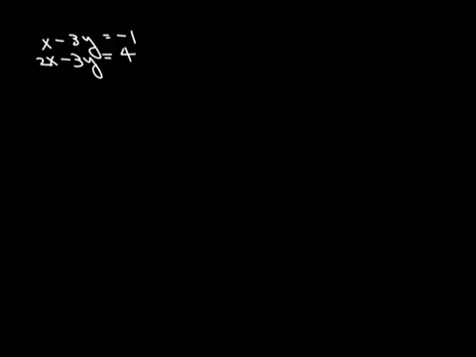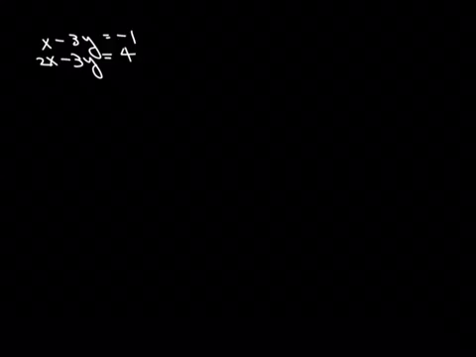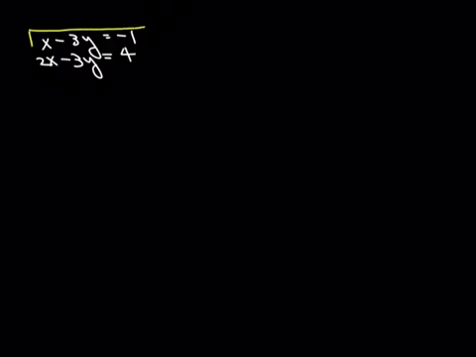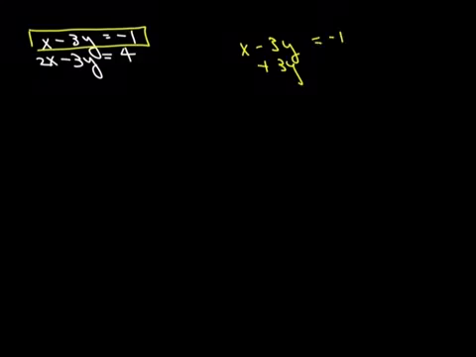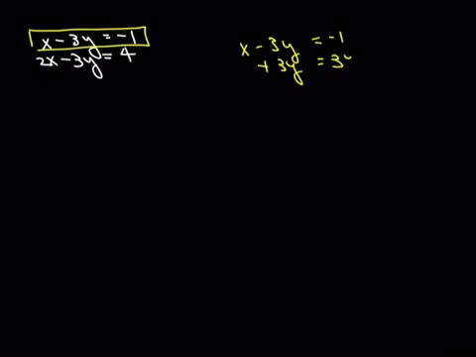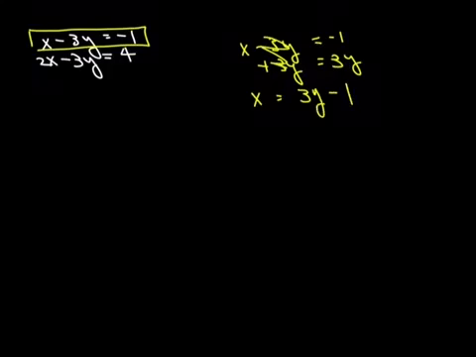And so in order to do substitution, when you don't have a variable equal to something, like here, we don't have an x equals something or a y equals something, I'm going to make that happen. So if I add 3y here, and I add 3y here, I get x, those go away, equals 3y minus 1.